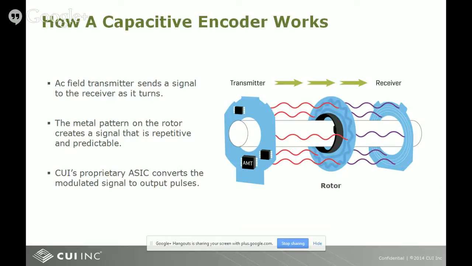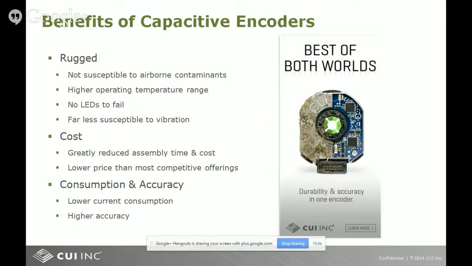From a high level, we have a transmitter board, a rotor board, and a receiver board. The transmitter board sends a signal that the rotor board, as the shaft spins, interrupts with the sinusoidal pattern you see there on the rotor. It gets interpreted by the receiver, sent back up to our proprietary ASIC on the transmitter board, and then that gets sent out as the information down to the customer on where the position of the encoder is.